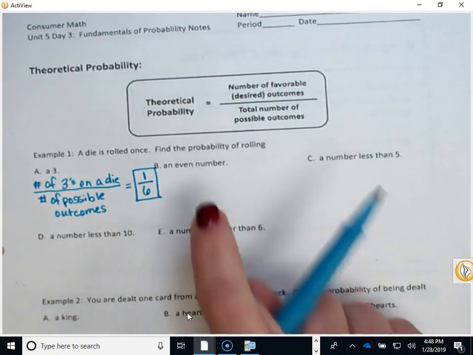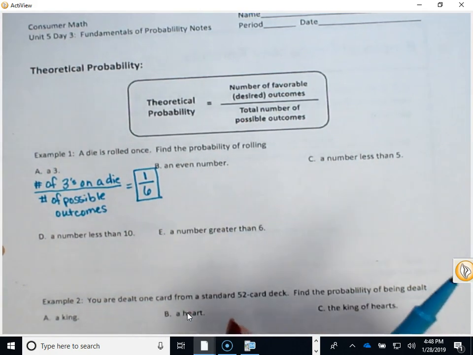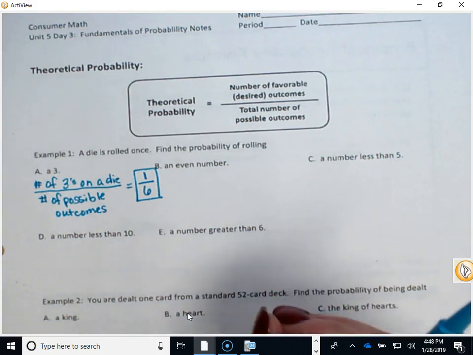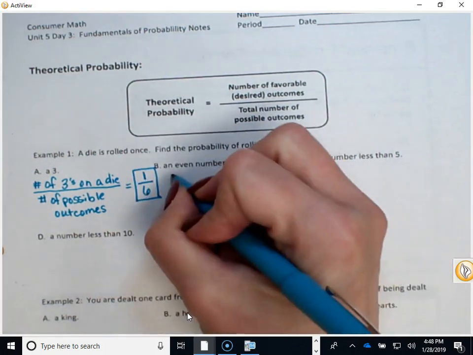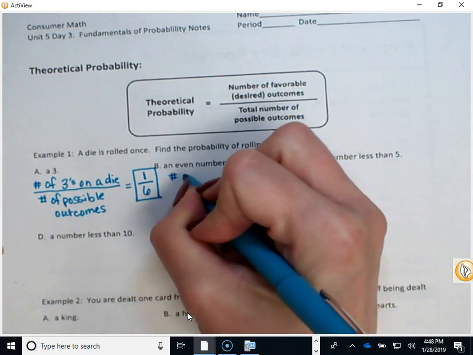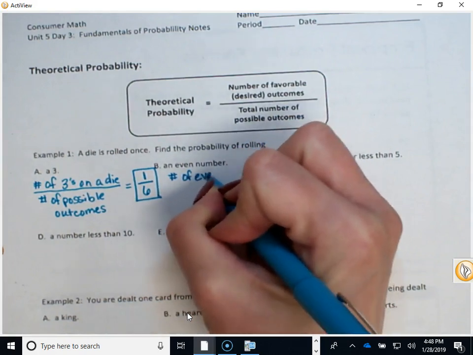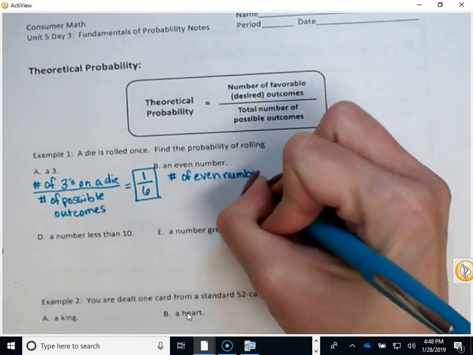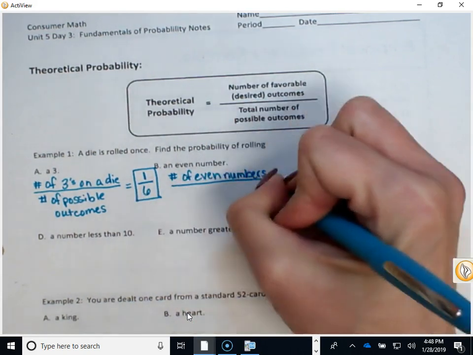Now part B wants to know the probability of rolling an even number. So we need to know, well, what's the number of even numbers on a die, over the number of possibilities.